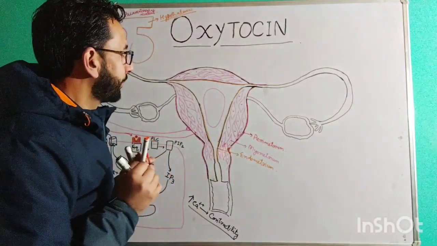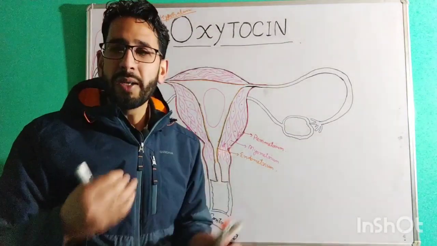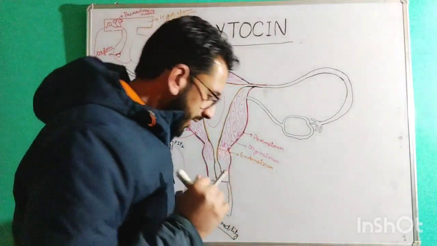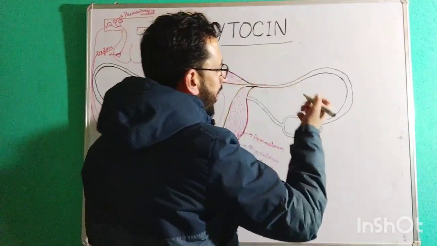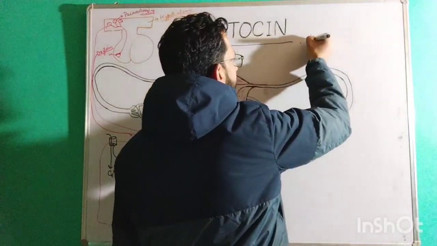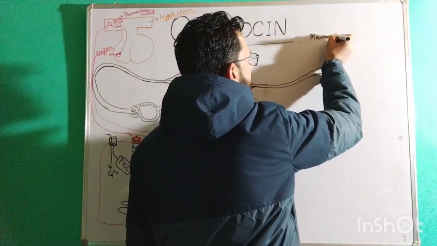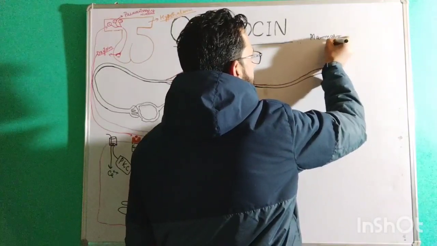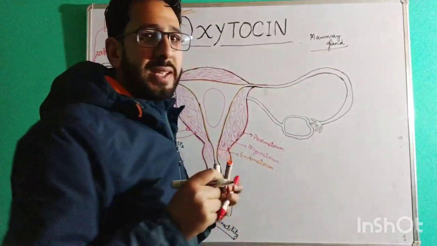Then the oxytocin has its role on some other organs also. One of the important organs it has its role on is the mammary gland, that is during lactation.